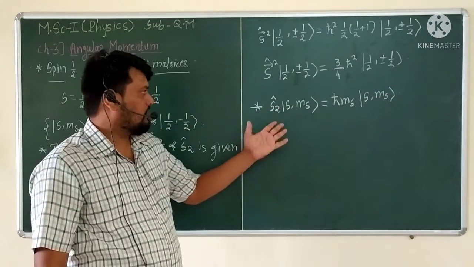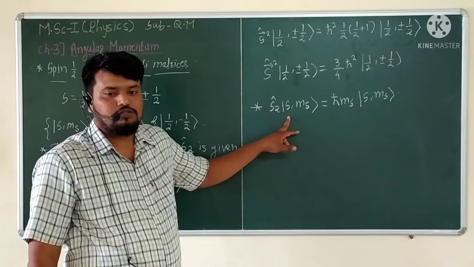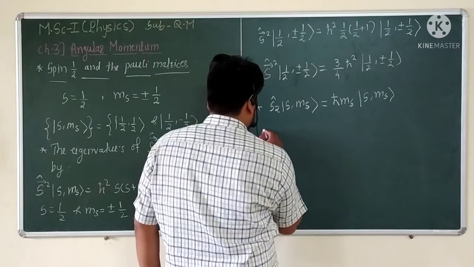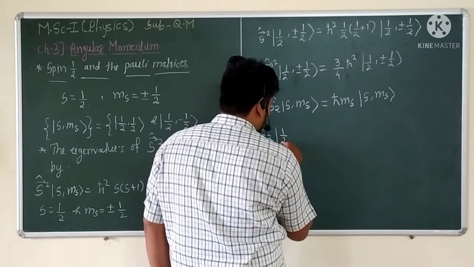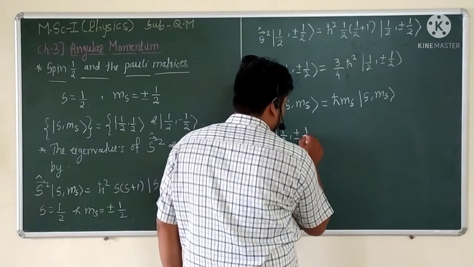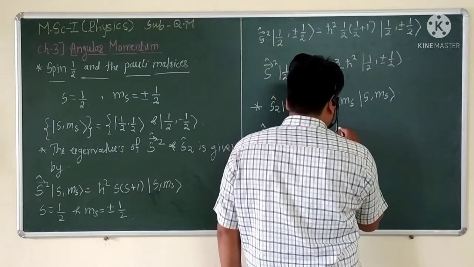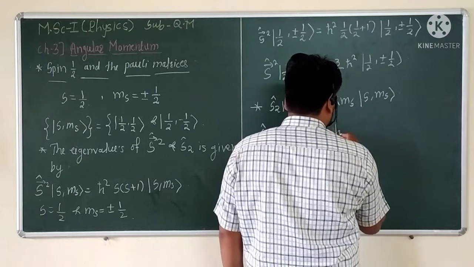Again, you know that s is half and ms is plus or minus half. So this calculation gives Sz on |1/2, plus or minus 1/2> equal to h cross times ms, which is plus or minus half.